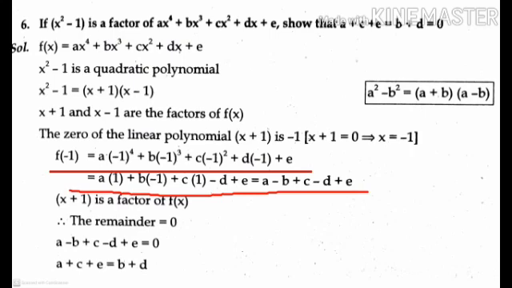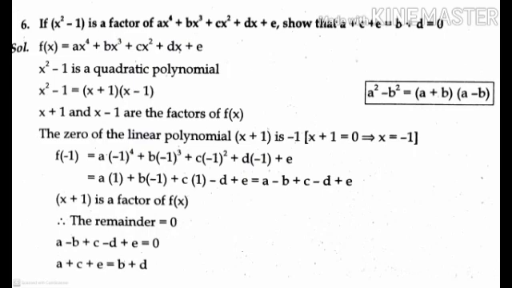That implies a(-1)⁴ means +1, b(-1)³ means -1, c(-1)² means +1, then -d + e. This is a·1 = a, b·(-1) = -b, c·1 = c, -d, plus e. x + 1 is a factor of f(x).